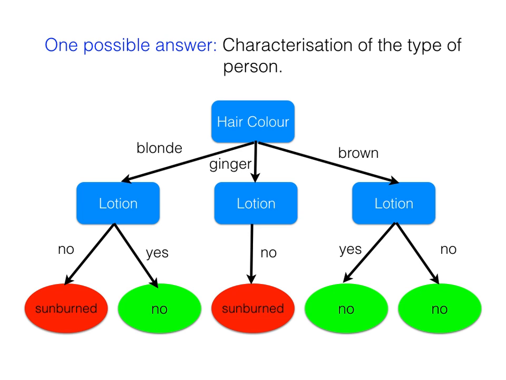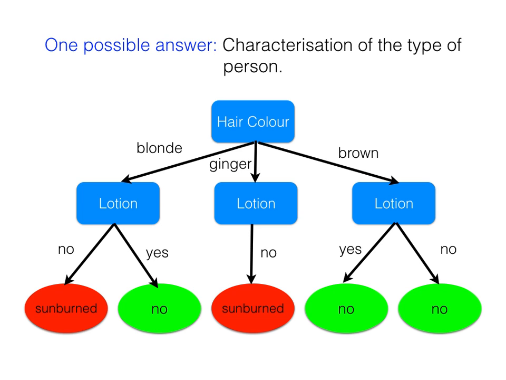The ones in blue are other attributes, and these are the attributes that we're using to characterize or to make the decision. The way we read it is, first off, we look at the hair color. If the hair color is blonde, so we're following that first branch, and they didn't have suntan lotion, then they got sunburned.